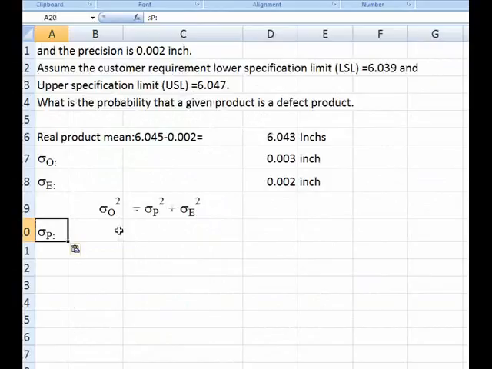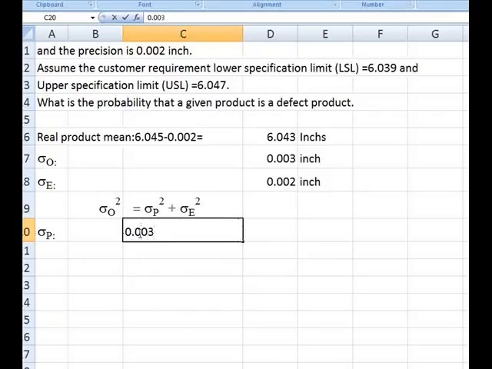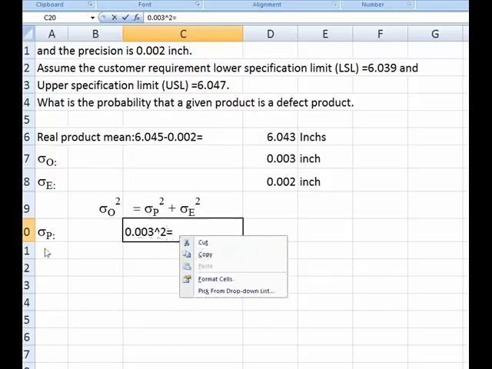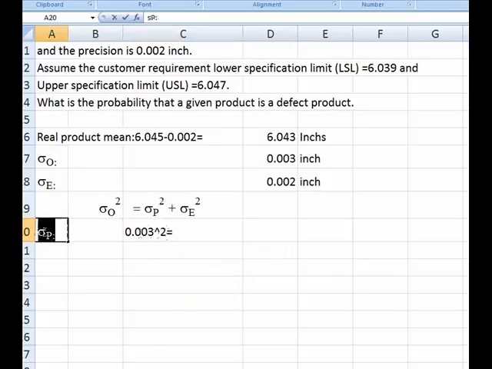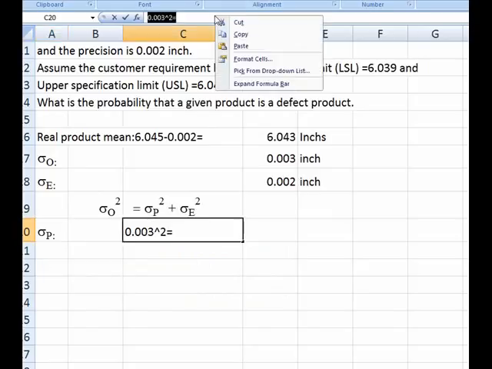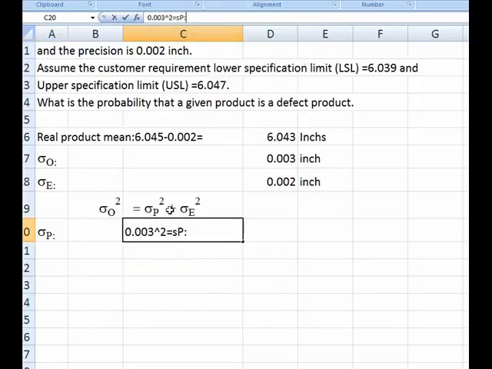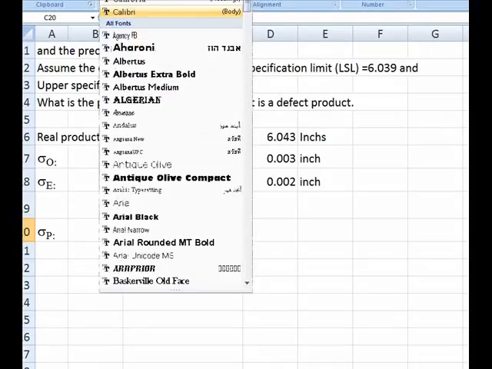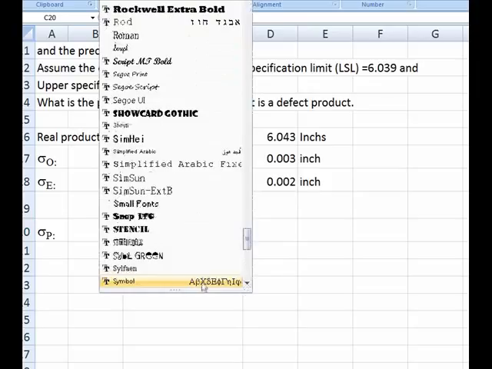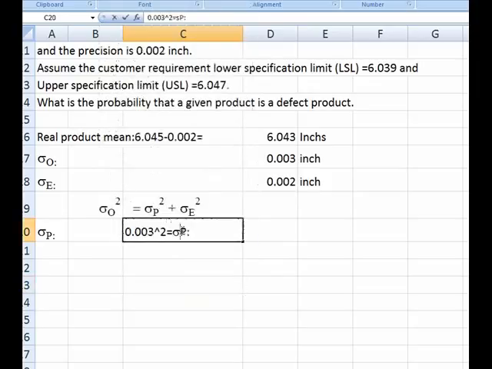So here we have 0.003 squared equals sigma p squared plus sigma e squared, which is 0.002 squared.